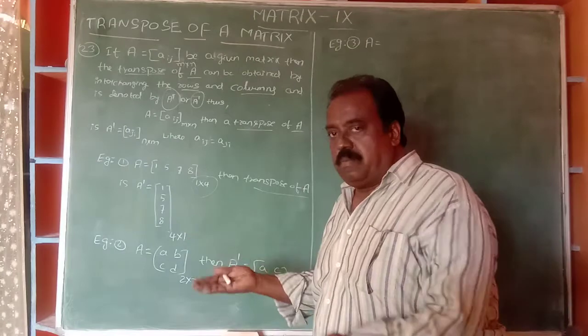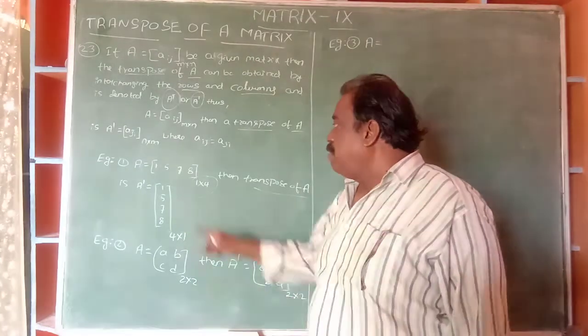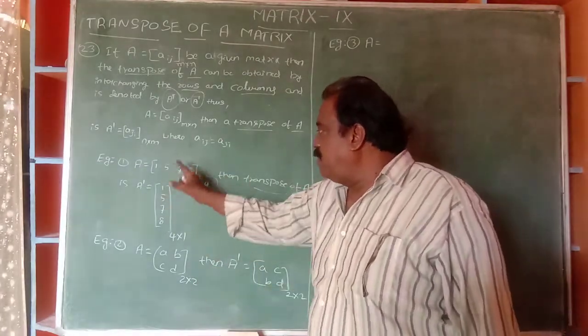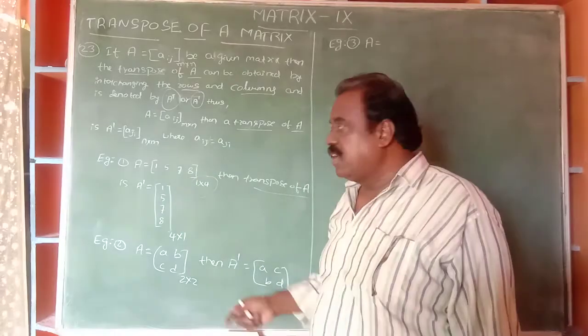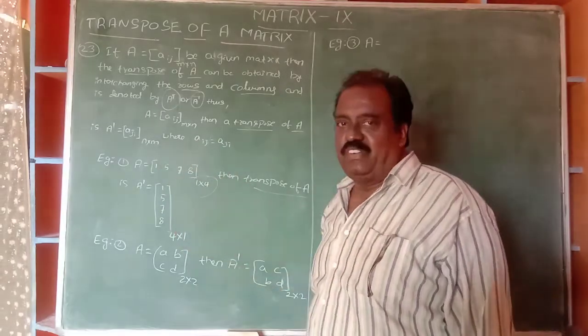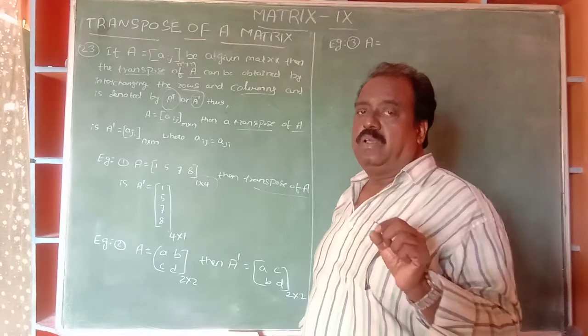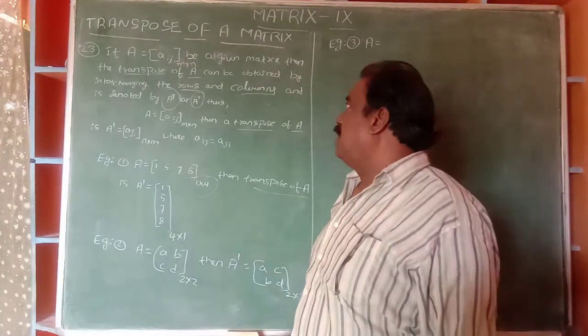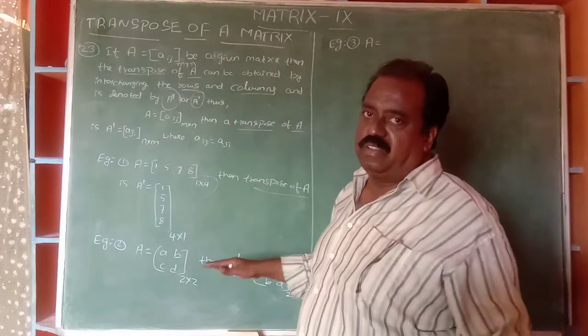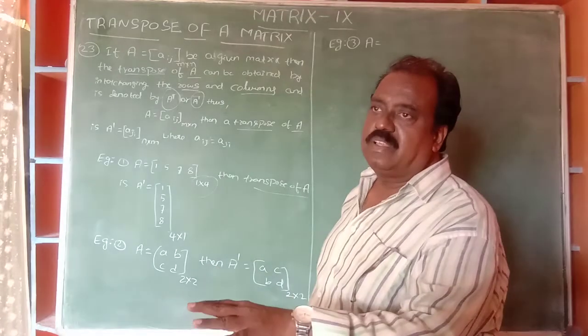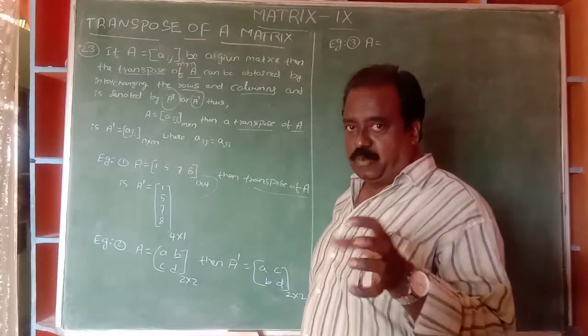Column and row will interchange. But the elements are the same. The same 1, the same 5, 7 and 8. But the position is changed. Okay? Very simply we can learn it. If rows and columns of a given matrix are interchanged, then it will become a transpose matrix.